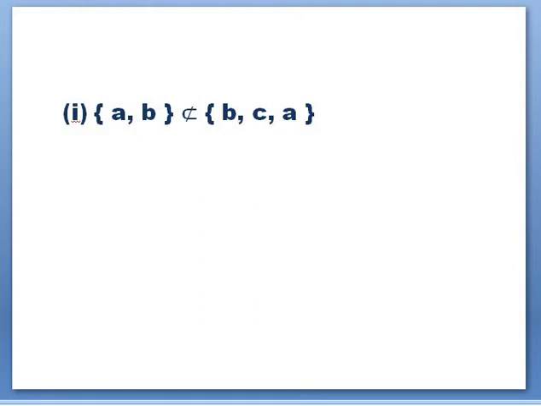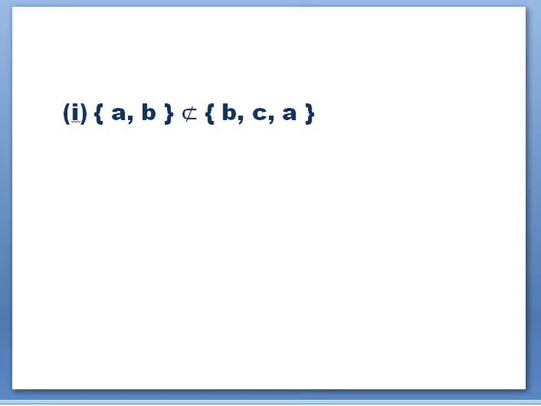So here it is A, B and in the second set it is B, C, A. But in both the sets the elements A, B are there. So the set on the left hand side is a subset of the right hand side from the definition of a subset. That means this statement is wrong.